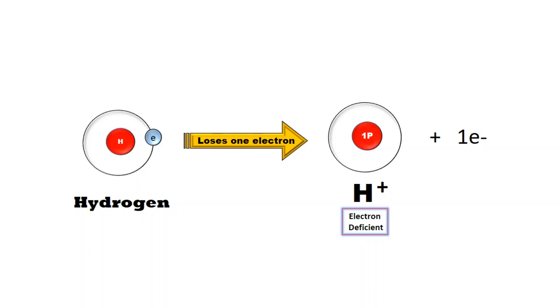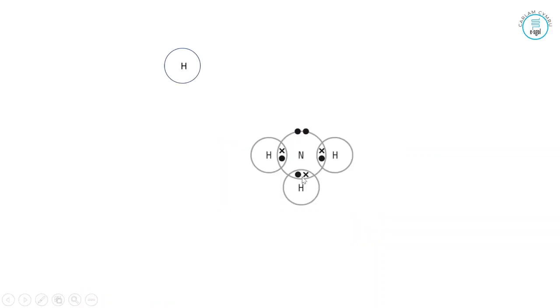So it's molecules that have H+ ions, which you'll hopefully recognise from acids. And you can see here, if you've got H+, it doesn't have any electrons, but it does have a nucleus that electrons would like to interact with. So again, H+ is what we call electron deficient, and therefore it will form dative bonds. So another good example of a molecule that forms coordinate or dative bonds is this.